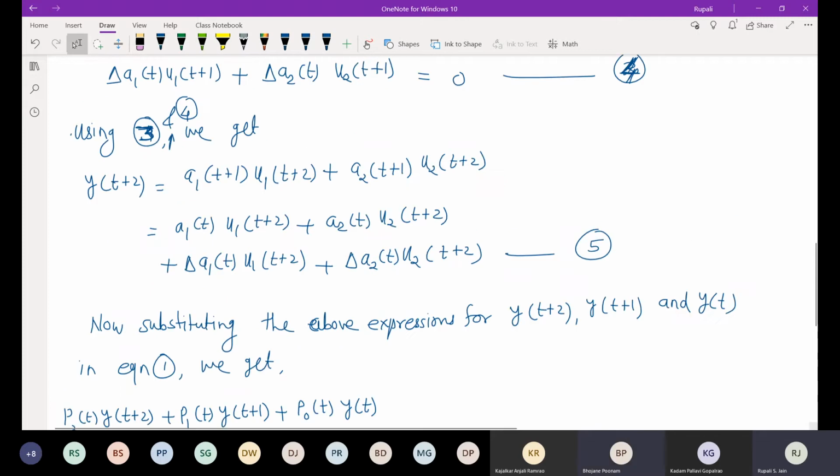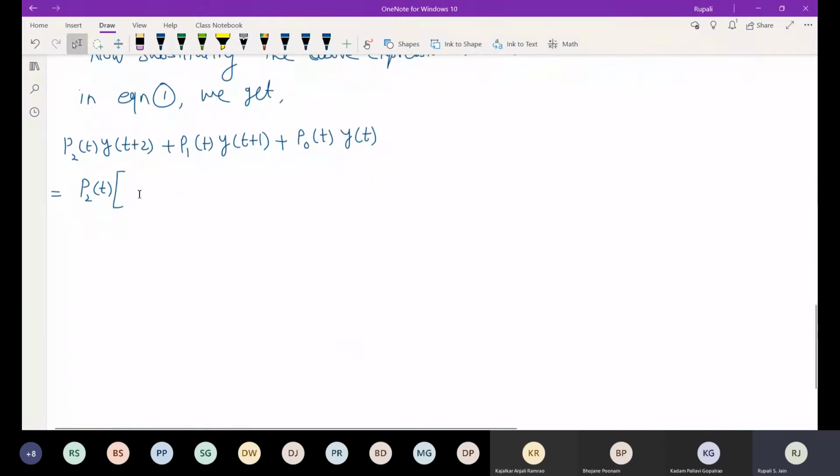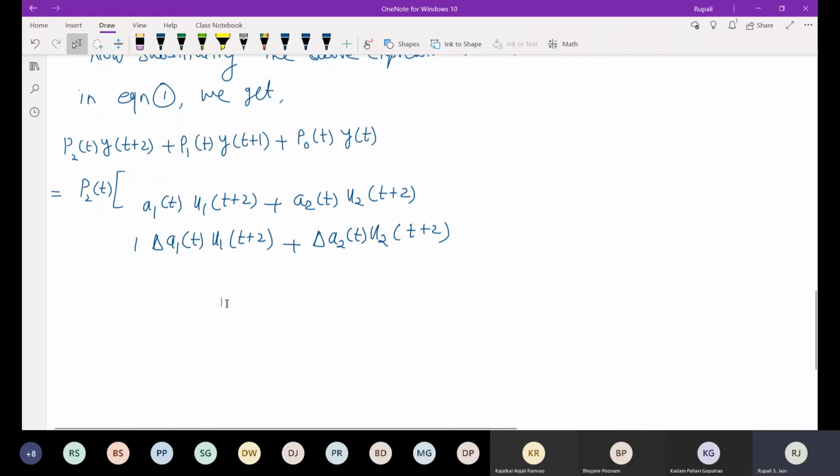Equation number 5. I have to write it again.